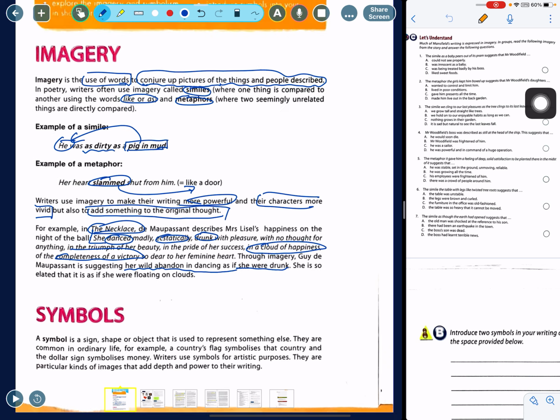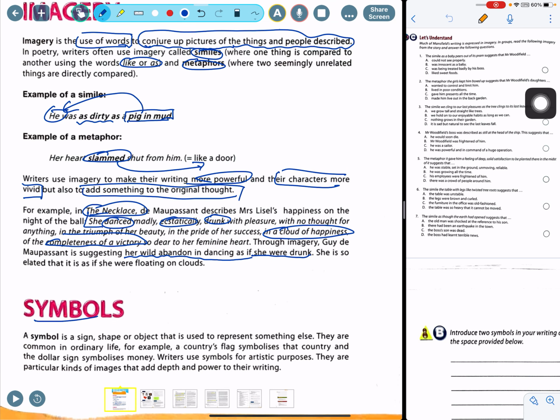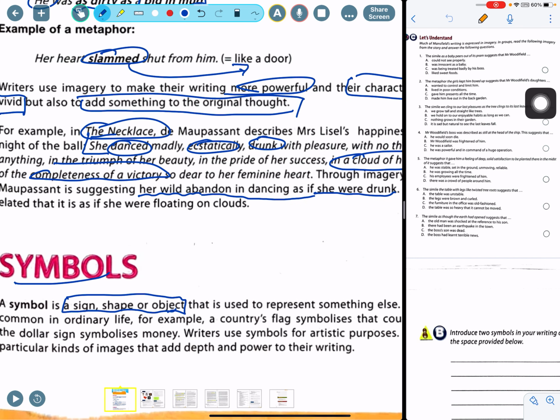Okay, and then we get to symbols. A symbol is a sign, shape, or object that is used to represent something else. As opposed to imagery, which is the use of words in a sentence to help create the mental image, the symbol is more direct, more concise.